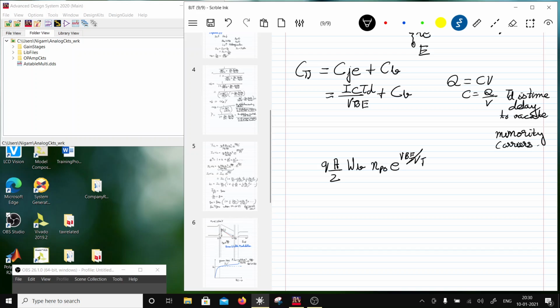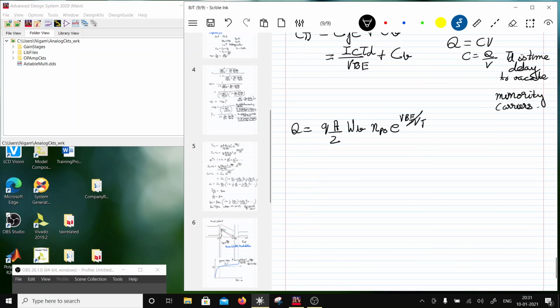Then this is equal to Ni square over Na, right? So let this NPO be there, doesn't matter. Now this is going to be charge in the channel. So delta charge, and the delta charge is because of VBE, right? So it will be a VT term over here.